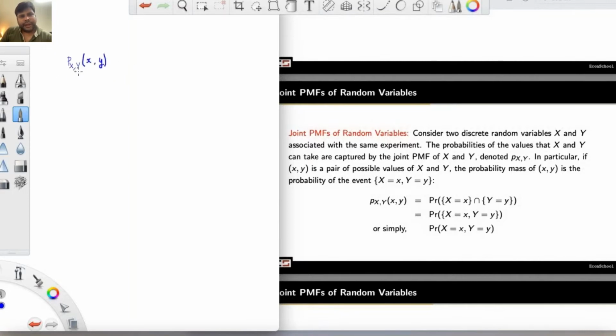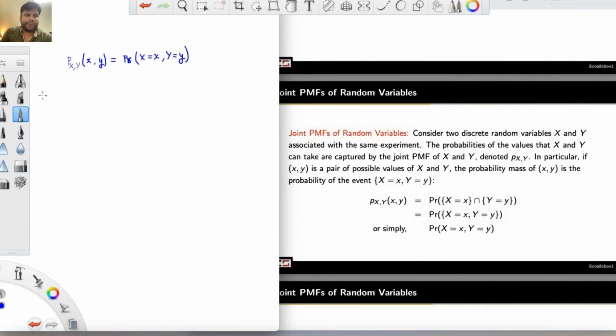This is the notation for the joint probability mass function of X and Y, and this is the definition of it: it is the probability that X equals x, comma, Y equals y.